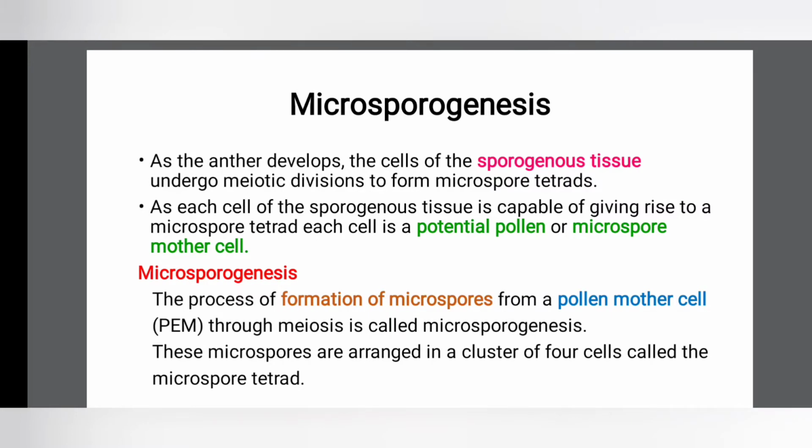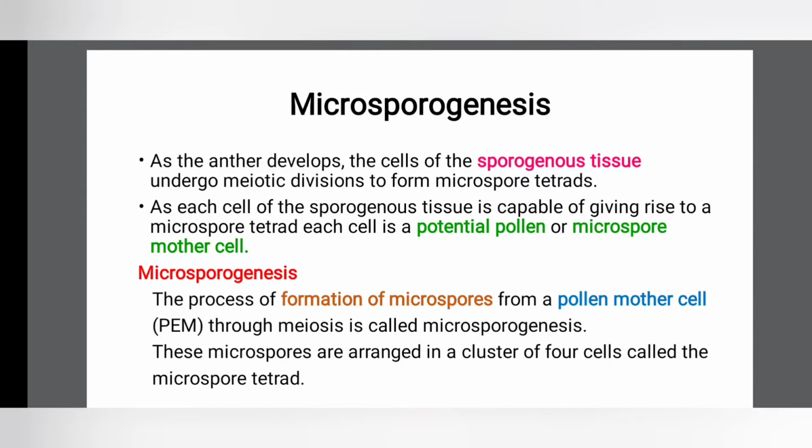Each and every cell of the sporogenous tissue is capable of giving birth to a microspore tetrad. So, the cells of the sporogenous tissue are called potential pollen or microspore mother cells.